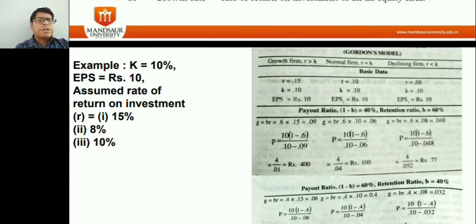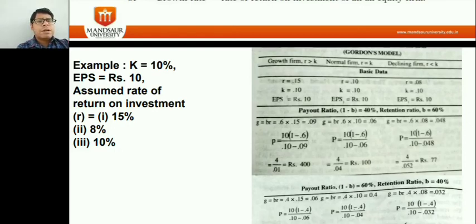So payout ratio, that means 1 minus B, equals 40%. B is called the retention ratio. Retention ratio means, for example, the company is earning 10 rupees, and the company is retaining 60% and paying a dividend of 40%. That means the retention ratio is 60%. So payout ratio means 1 minus B, where B denotes the retention ratio.